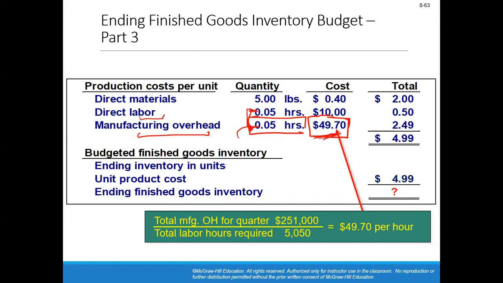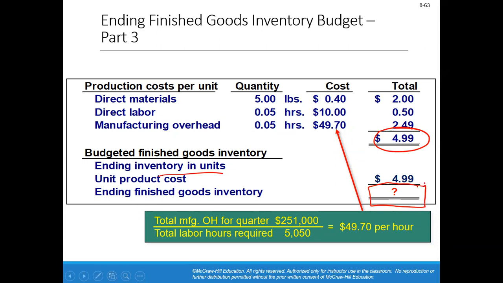So for each unit of product, how much production cost am I incurring? $4.99. Now, if I have this $4.99 as a unit product cost, and if I have been given the ending inventory in units, is it possible to come up with the ending finished goods inventory cost? It is clearly possible.